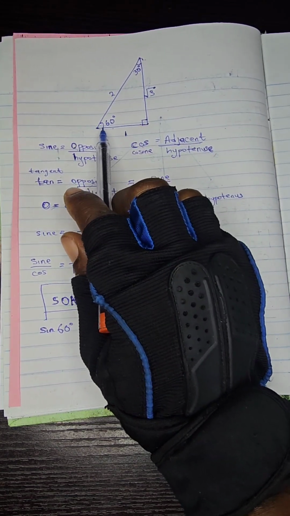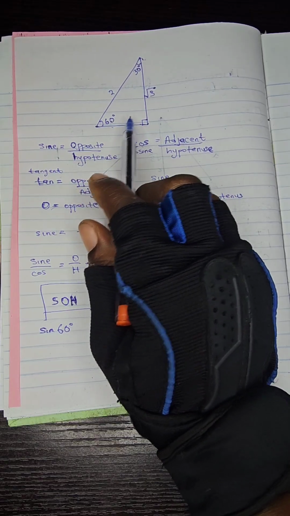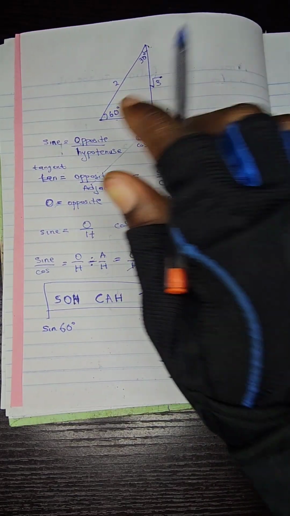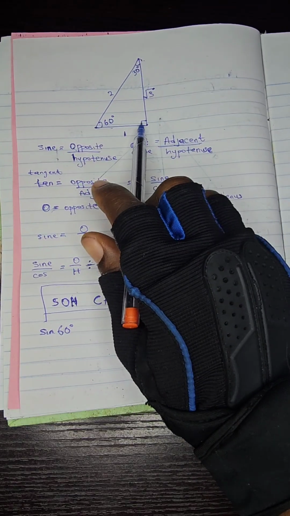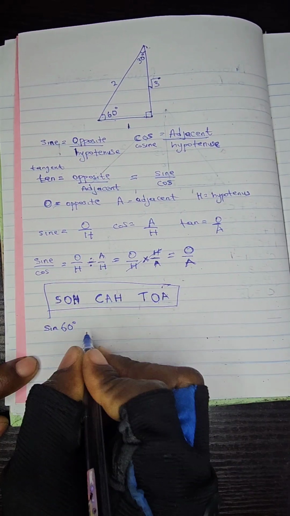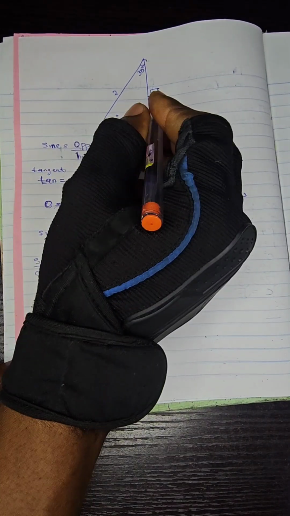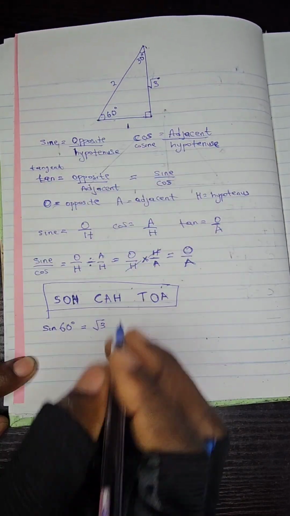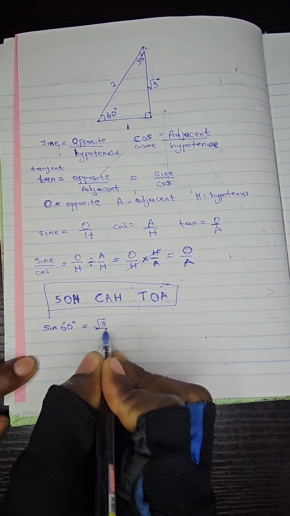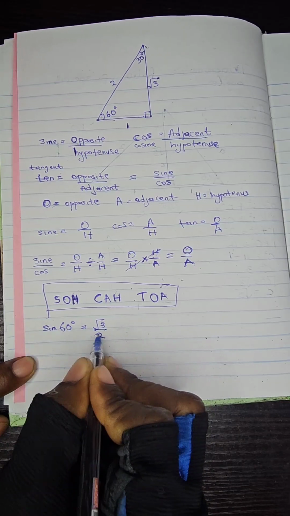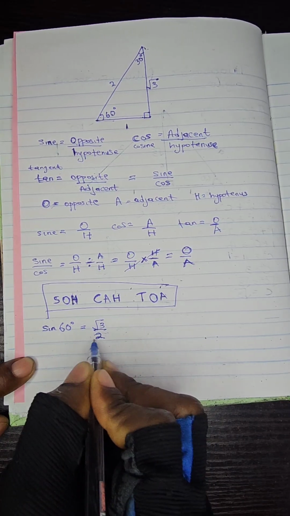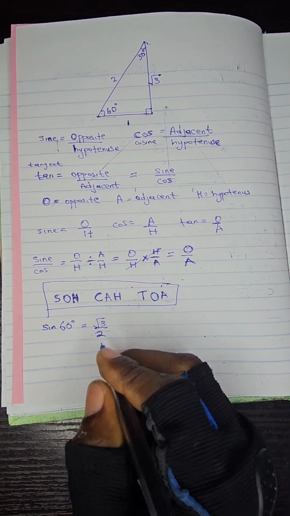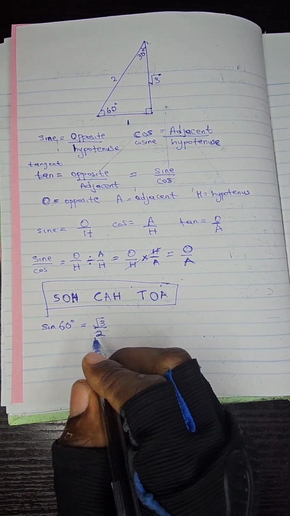As you can see, this 60 degrees is sitting on this side. The hypotenuse is the side that is facing 90 degrees. So sine 60 will be the side facing this 60 degrees, which is root 3, over the hypotenuse, that is 2. So this is the answer for sine 60. Since there is no root under here, this surd is okay. We all remember when we are doing surds, we always want to remove any root on the denominator.